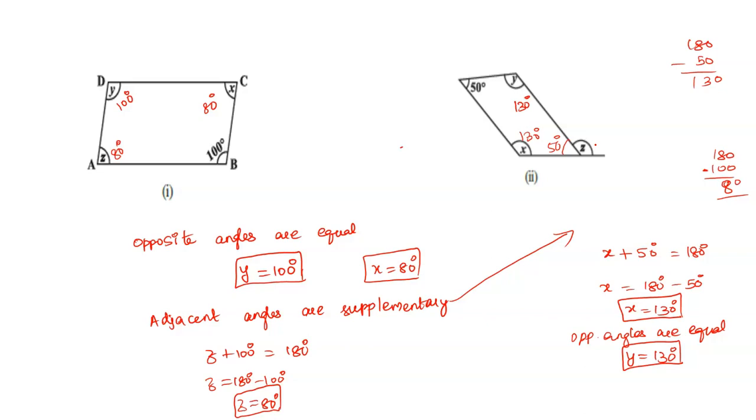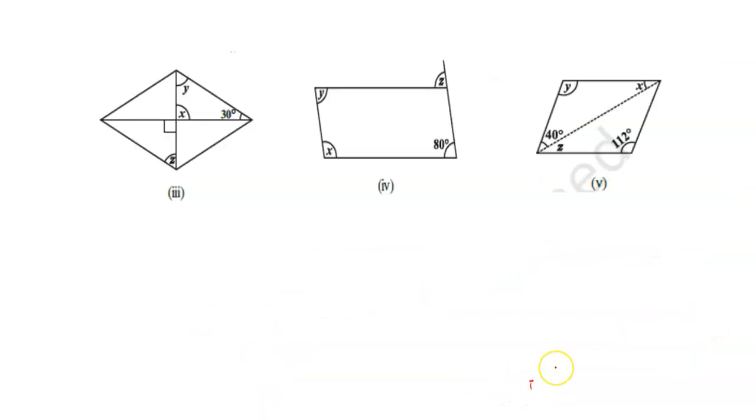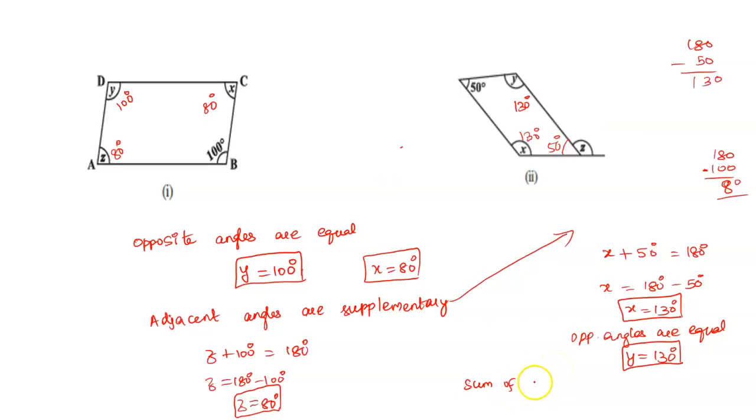We have the property called sum of interior and exterior angle at the same vertex of any polygon is equal to 180 degrees.